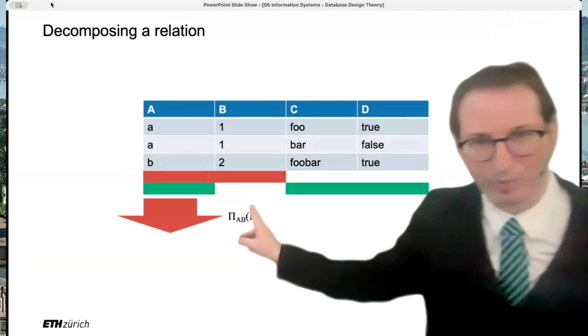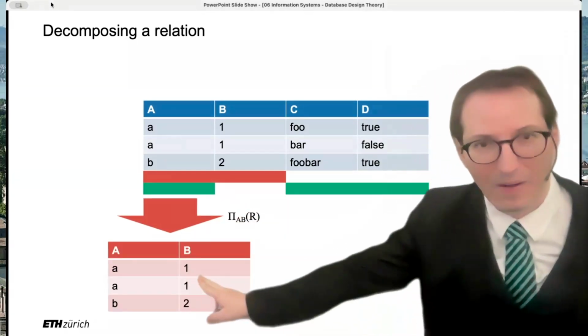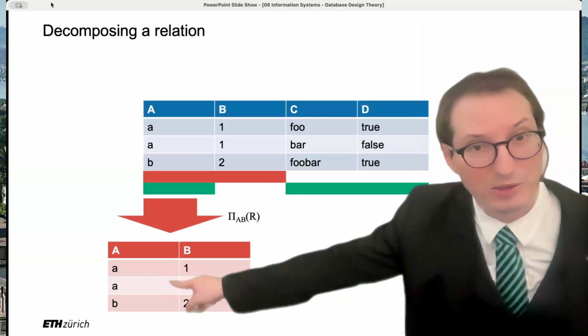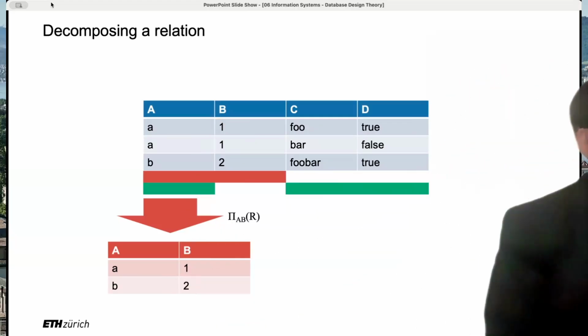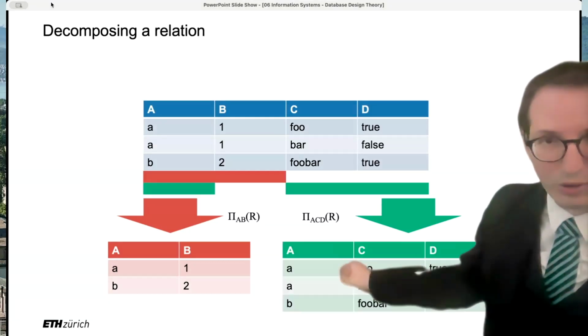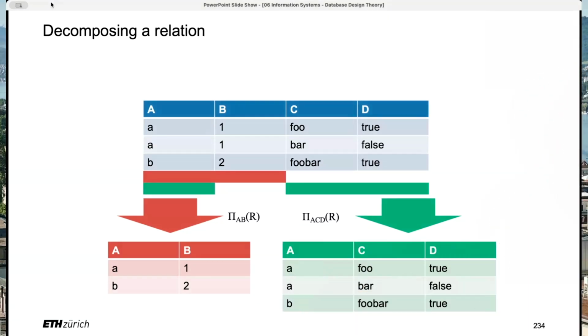The projection on AB is right here. By the way, I should eliminate duplicates. You see, this is a duplicate, so that becomes A1, B2. Who is with me? And on the right, we project to ACD, and here there are no duplicates to eliminate. So you see, we are reusing many things. We're reusing the relational algebra, the projection, pi, that you remember.